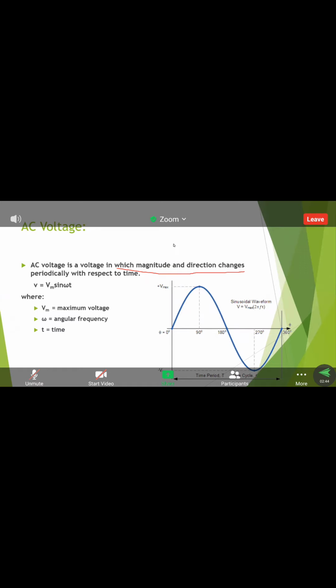There are some other types also. There is a sawtooth, where the shape we get is like a triangle. If you take x and y axes, the structure will be like this.